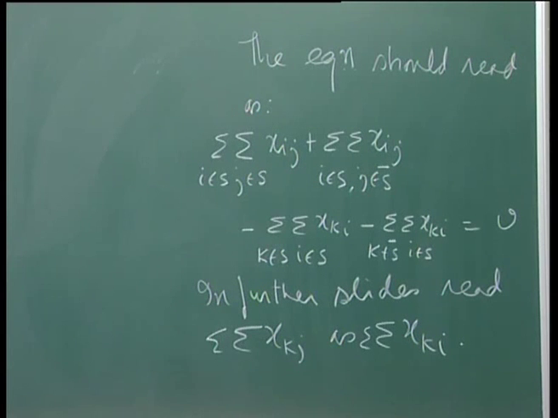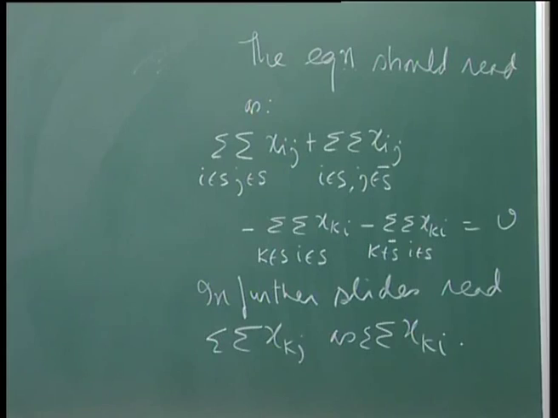That takes care of the first set of summation. Then minus similarly k belonging to S and I belonging to S, then the second term is k belonging to S bar and I belonging to S. So this all adds up to V, because we are not adding up for the last node, the last equation is omitted.